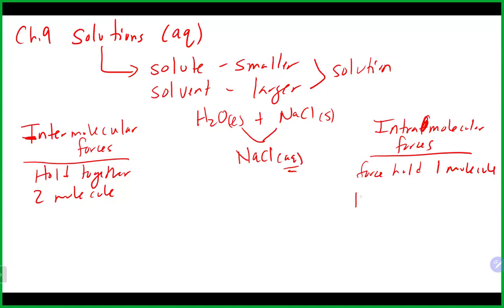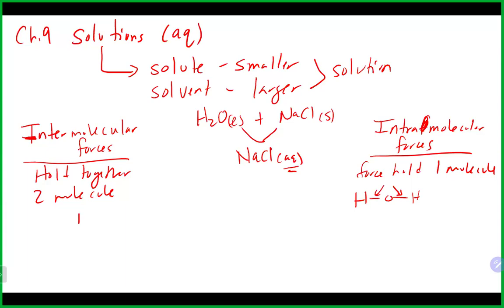For example, if we look at just one single water molecule, an intramolecular force is the covalent bonding that's happening between the oxygen and the hydrogen, the sharing of electrons. So within that one molecule, the covalent bonding is an intramolecular force, what holds that water molecule together through the sharing of electrons.